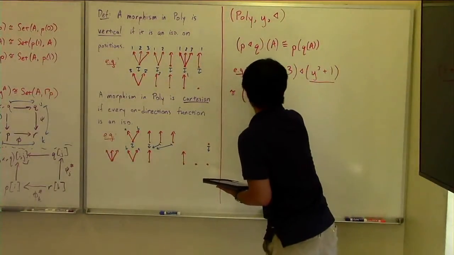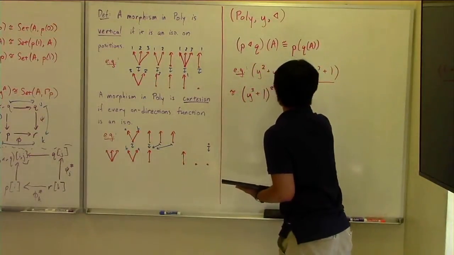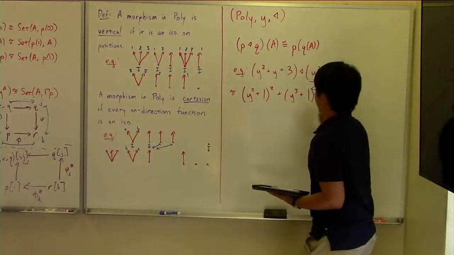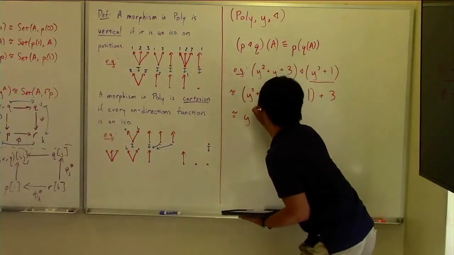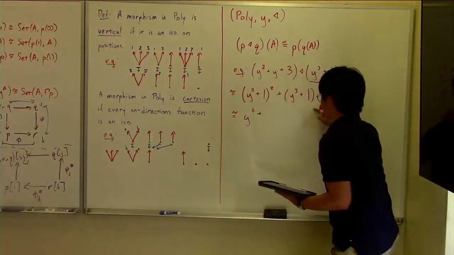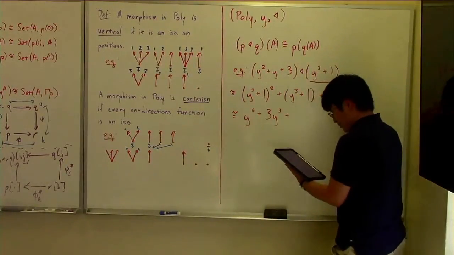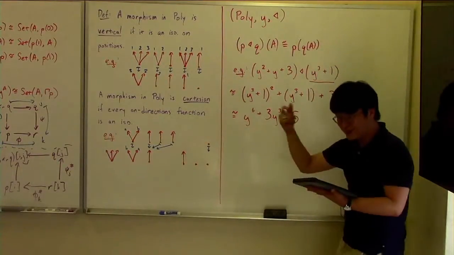So this really is just middle school / high school algebra. And this gets you, what is it? So you get a y to the 6th. You get 2y cubed from here and an extra y cubed here. And you get 1, 2, 3, 4, 5. And that's polynomial composition.